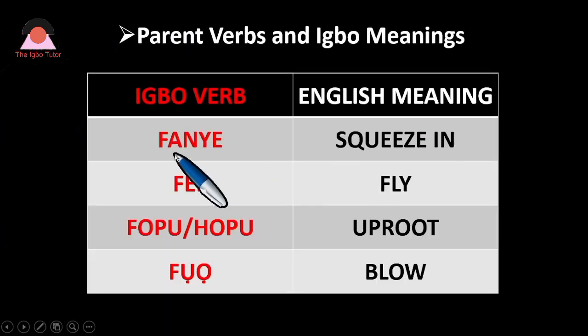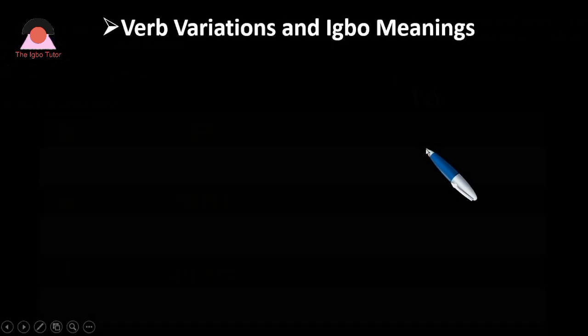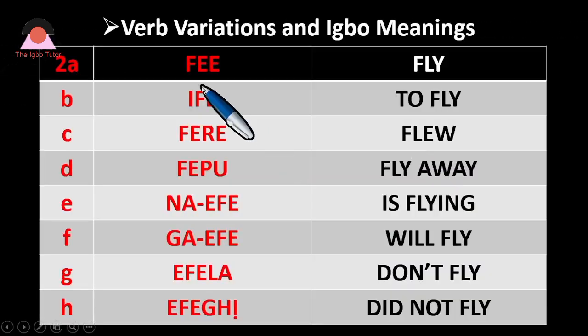We move on to pick another one now. Having done with fanye, we move to the next verb, which is fe. Fe, meaning fly. Let's break it into its different forms now. We have fe, the parent verb, fly. Another form, ife, to fly. Fere, past tense of fly, flew.